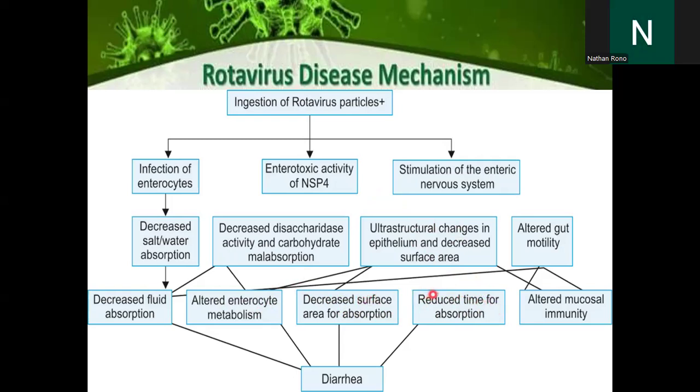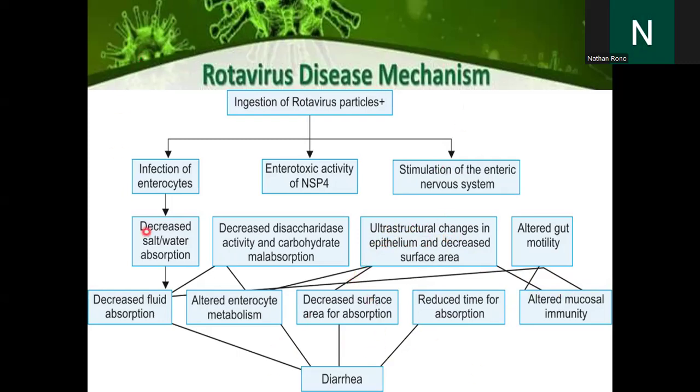Decreased surface area for absorption, since we said that there'll be damage to the epithelium of the intestines. And then altered mucosal immunity, because you're changing the epithelium, the ultrastructural epithelium, okay? Make sense? Now, all this leads to diarrhea.